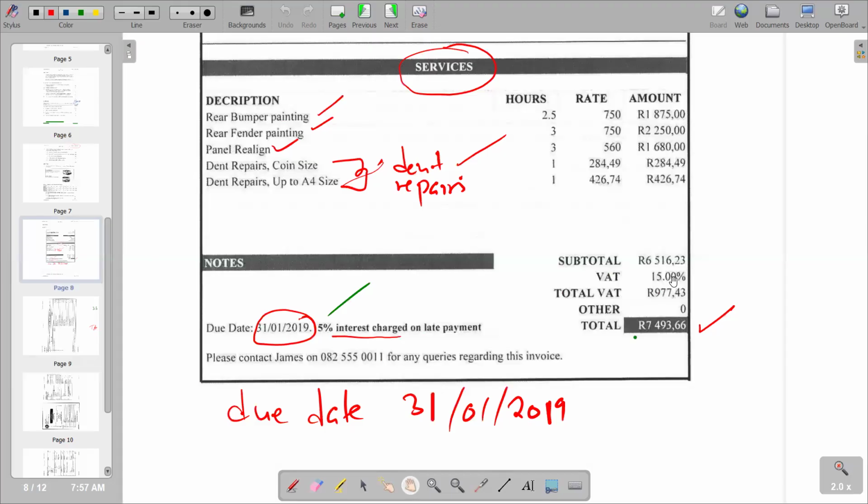We see that 977.43 is representing total VAT. So how it was calculated, as we are being told that the VAT is 15%. So basically, it's going to be 15% of R6,516.23.